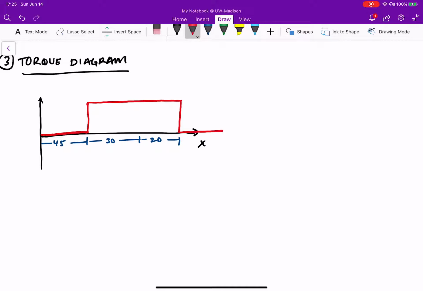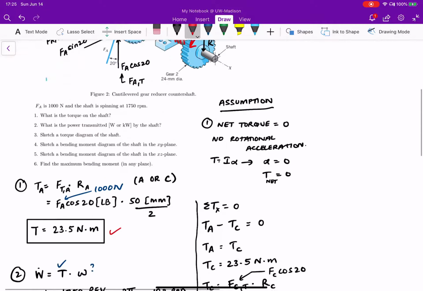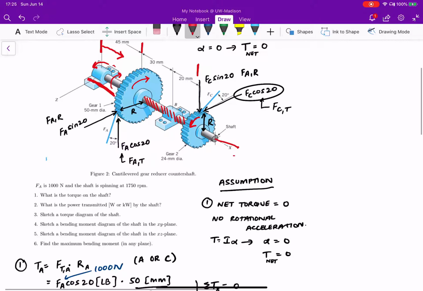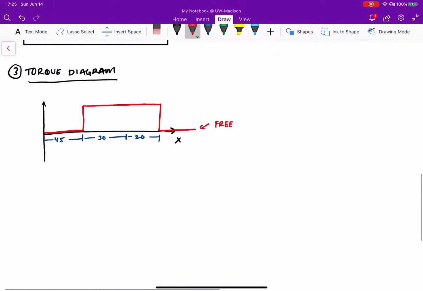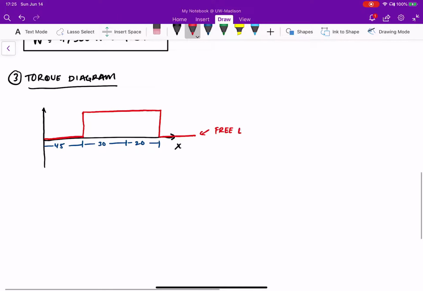I can make the claim that it drops again if this is a free end, or let's say on the other side over here we have maybe another self-aligning bearing. Then it's again a free end. There is no torque, so it's a free end. But if this were connected to a motor or some sort of a load, then this would actually continue, right?